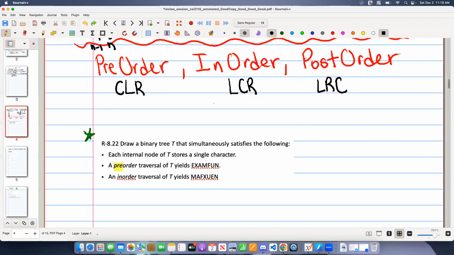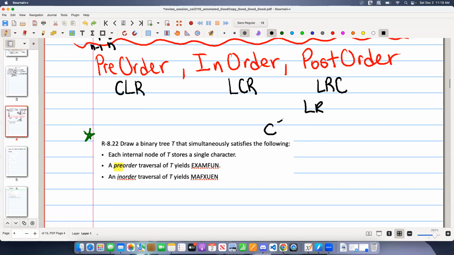I'll touch on the code section of this and also how you would find the pre-order, in order, post order of a graph. Okay, but you see here, I just have left and right. Depending on where C goes, it changes where you print the node, which actually changes the order that it's printed out on the terminal.